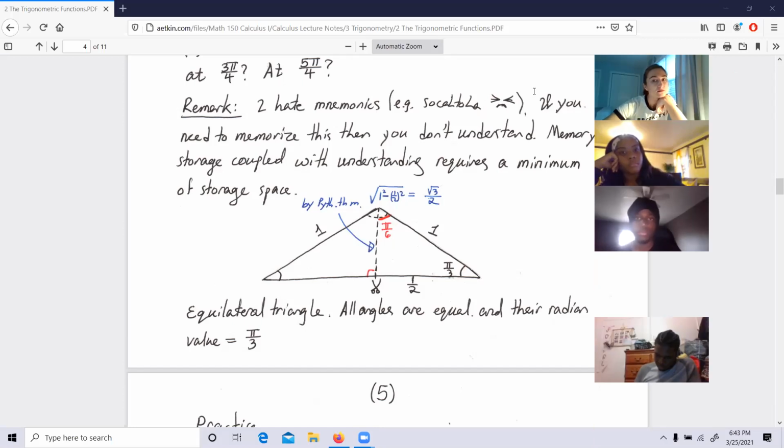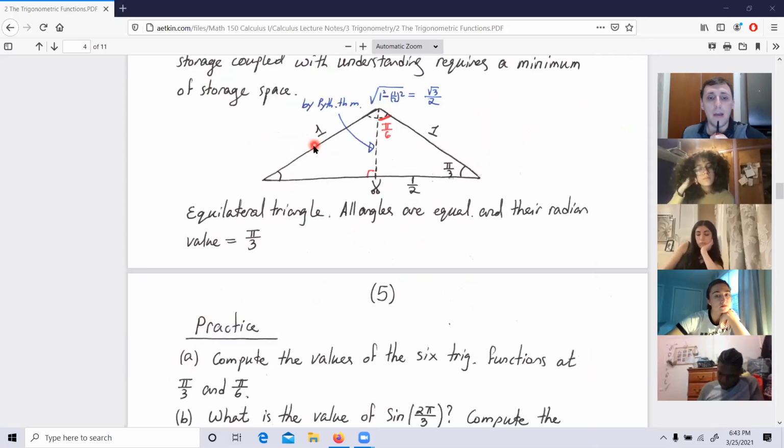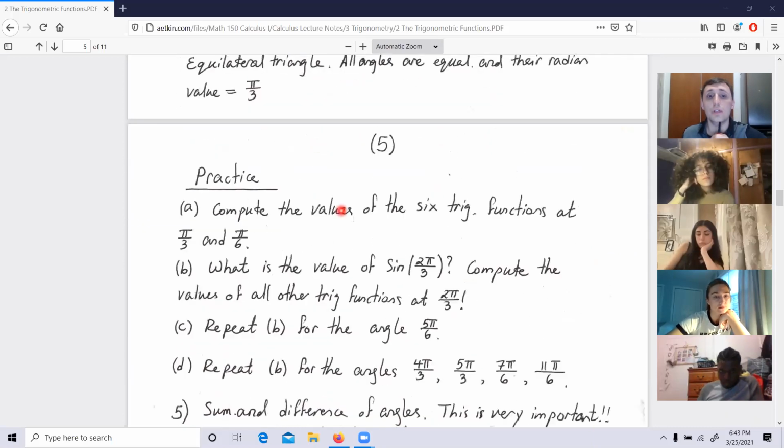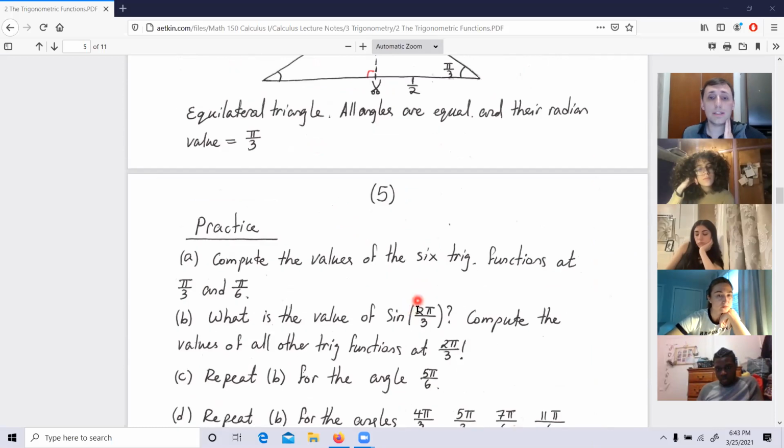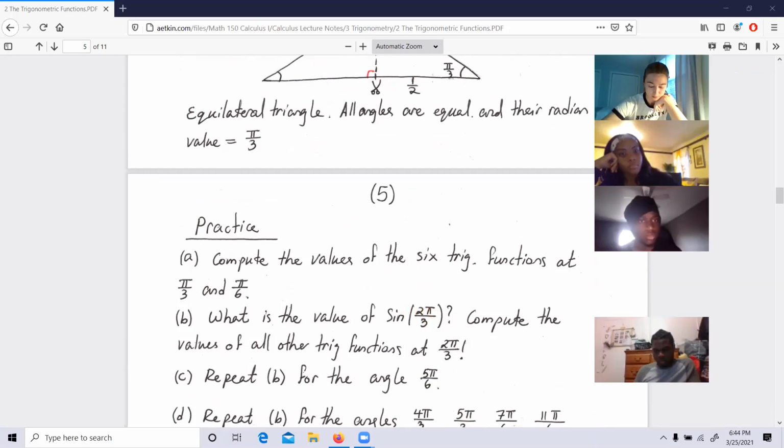All clear? And may I trust that you will know how to do the calculations of all functions. For example, guys, what is sine of 2 pi over 3? Could you tell me what is sine of 2 pi over 3, please? Without any SOHCAHTOA or any nonsense like that. Just think about it.